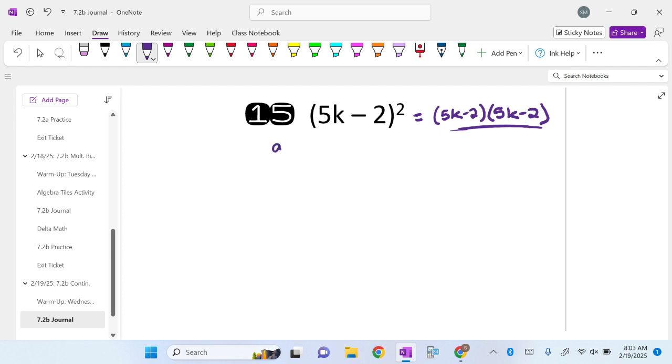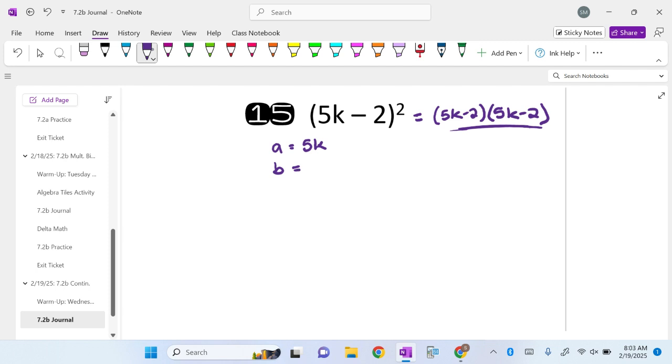So again, I'm going to label what my A and B values are. What term is my A value? 5k. That's my A value. Now, you don't need to worry about signs, but what term is my B value?